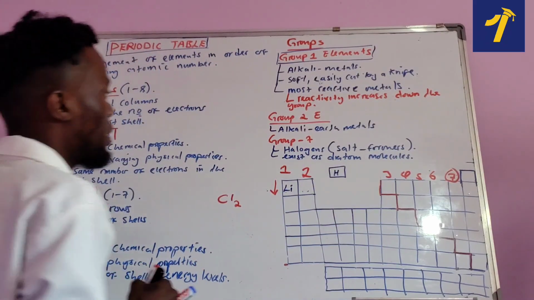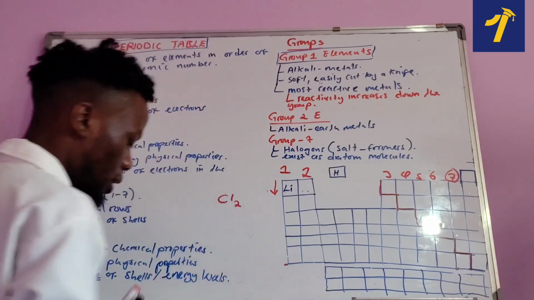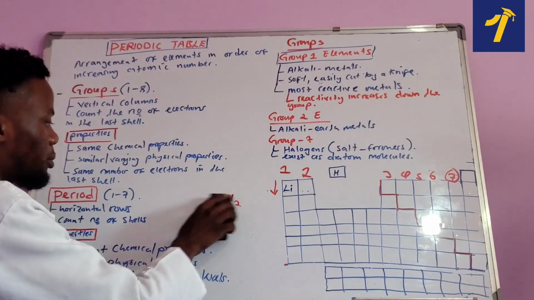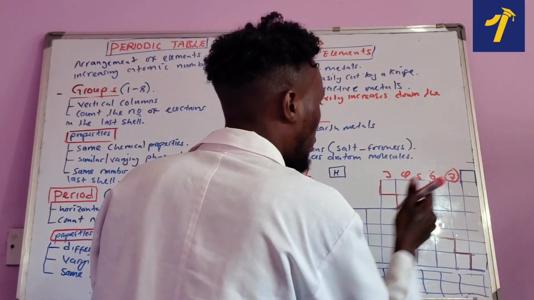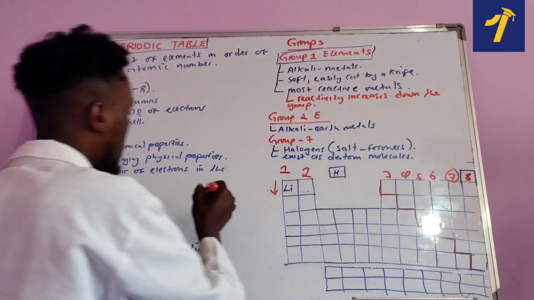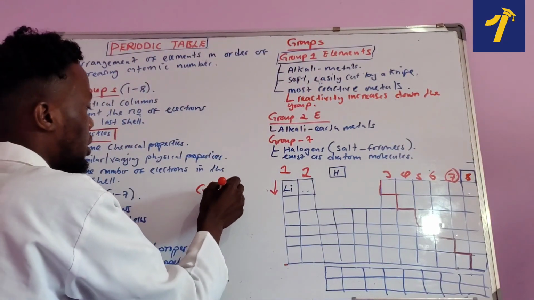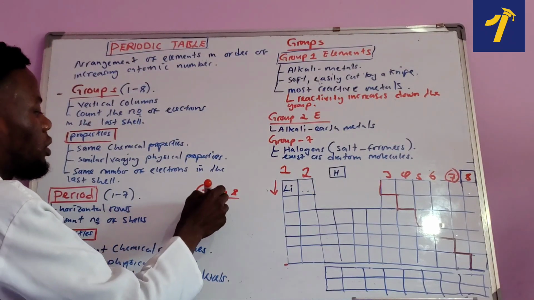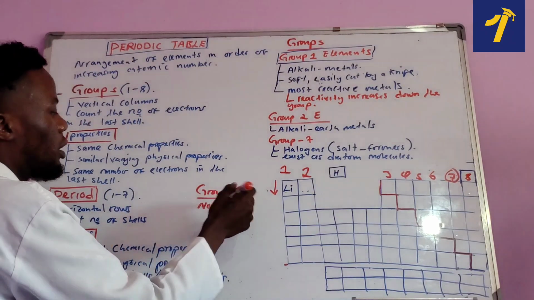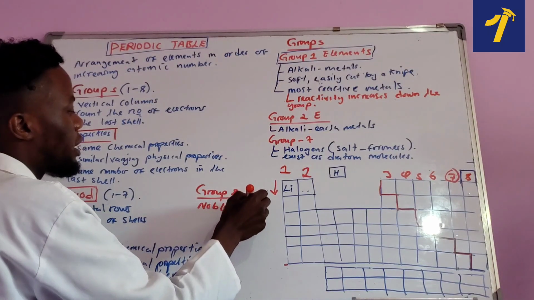Now, the last one is group 8. I'm going to write it here, group 8, which is this one. These are what we call noble gases, or inert gases.